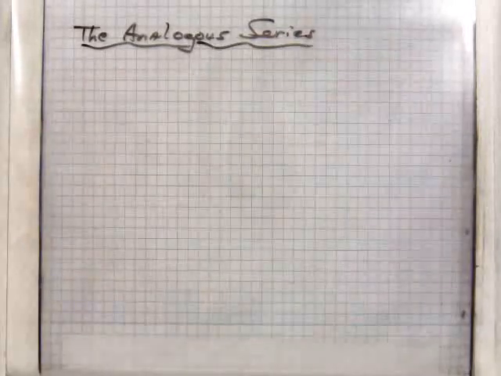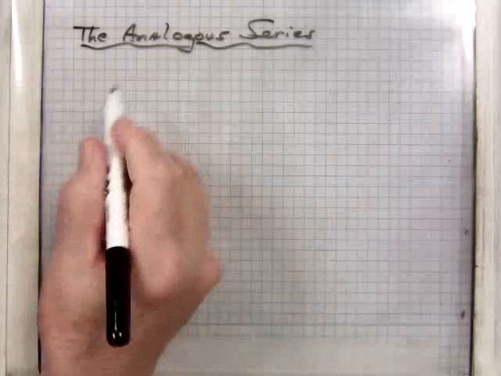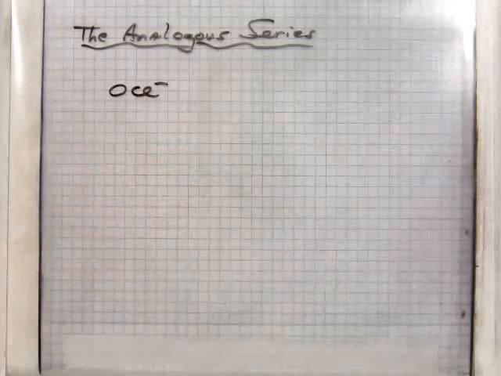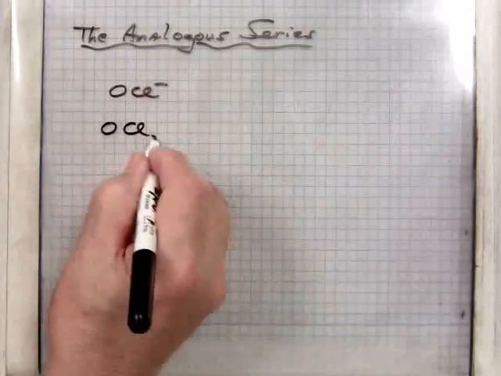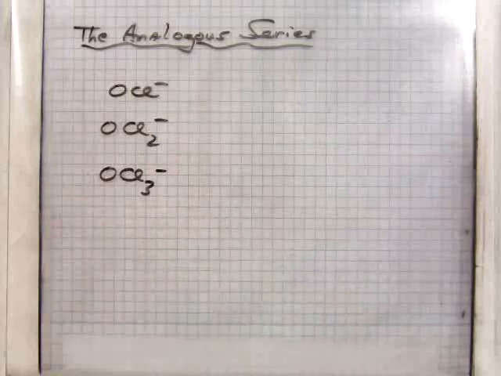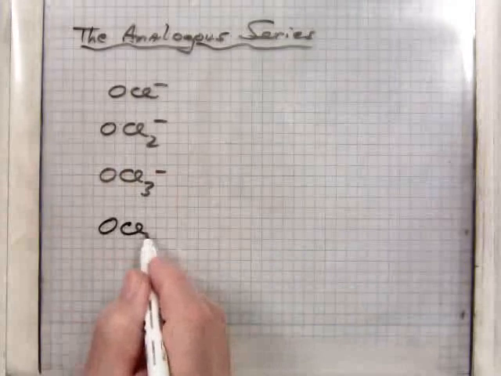which are in the polyion structures. In the polyion quiz, you had an OCl minus in there. That's a hypochlorite. And then you had an OCl2 and OCl3. That's a chlorate. This is chlorite, chlorate, and perchlorate.